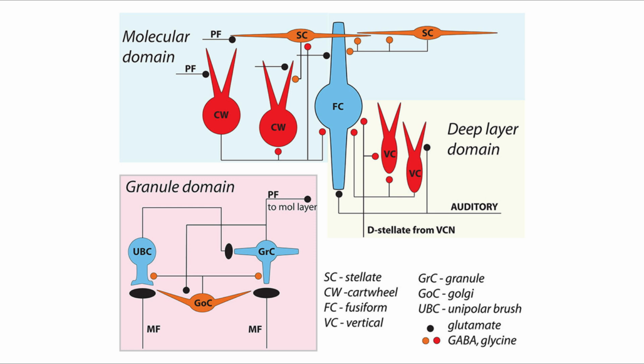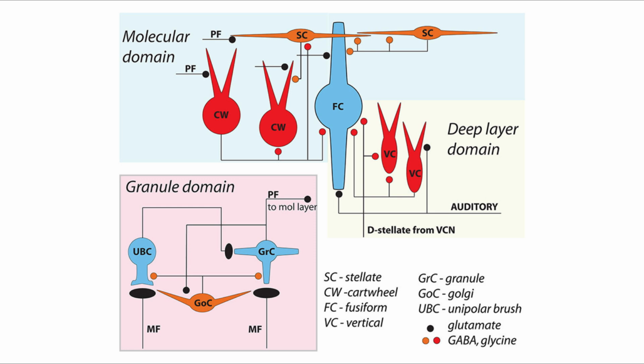So if you remember, feed-forward inhibition occurs when an excitatory neuron activates an inhibitory interneuron, and this interneuron then inhibits a downstream target before the excitatory signal gets too strong. And in the dorsal cochlear nucleus, feed-forward inhibition involves, of course, the parallel fibers, or the axons from the granule cells, and these fibers excite the stellate cells and the cartwheel cells, which are inhibitory interneurons.